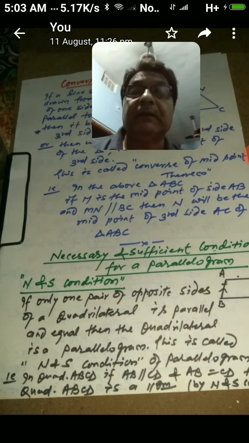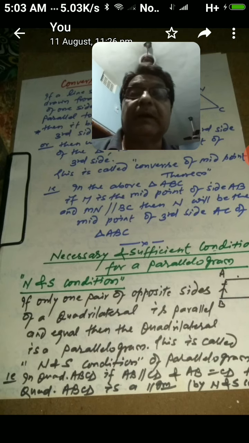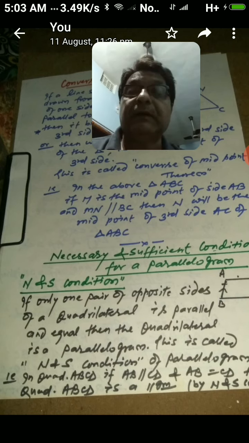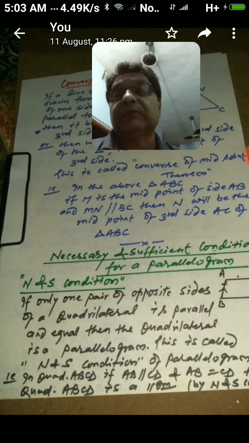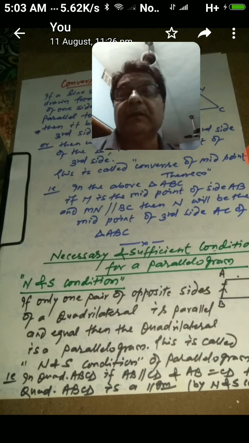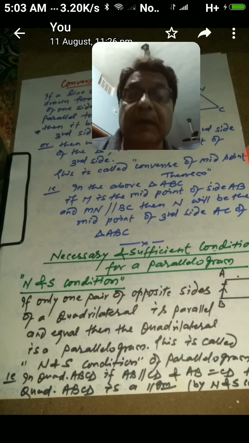It is only necessary that you take one pair of opposite sides and make it parallel and equal, then it is sufficient for the quadrilateral to become a parallelogram. That's why such a name is given. So it is very popularly known as the necessary and sufficient condition for a quadrilateral to be a parallelogram.